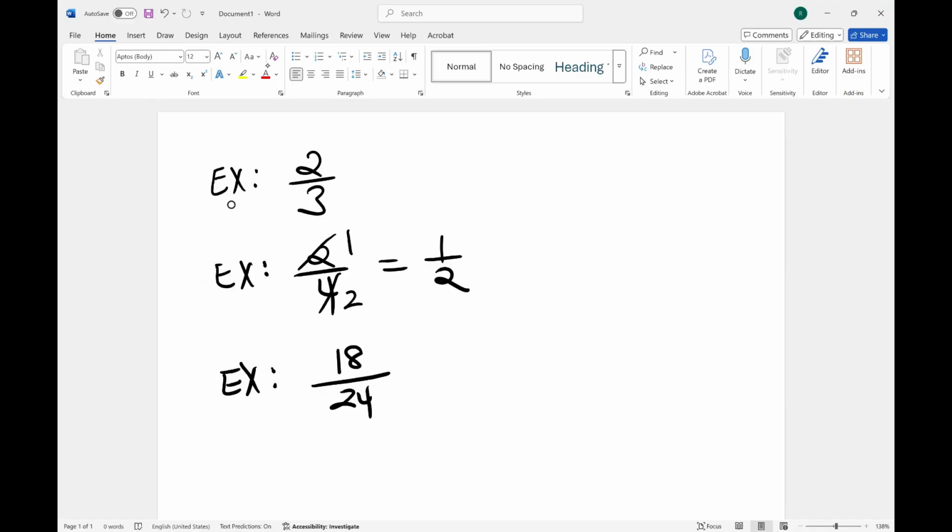I can simplify that fraction. 18 and 24 have a common factor of 6. 6 goes into 18 3 times, and 6 goes into 24 4 times. So I could rewrite 18 over 24 as 3/4.